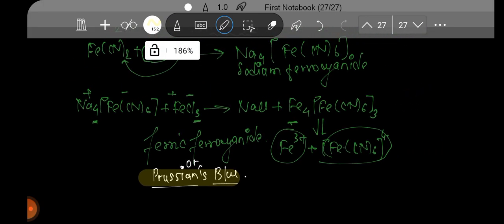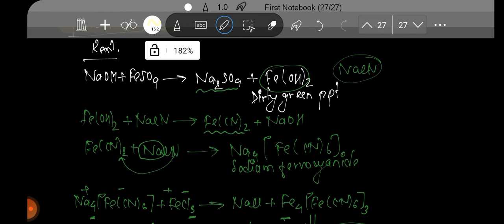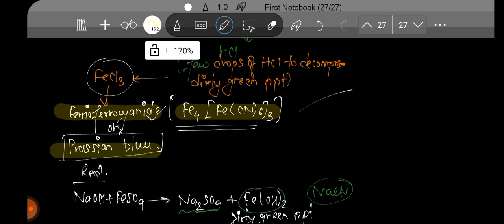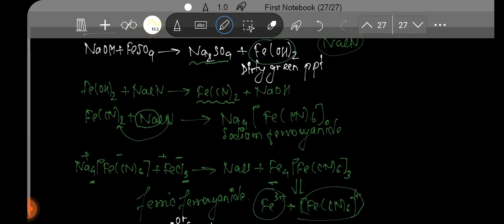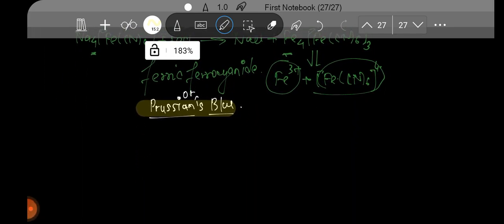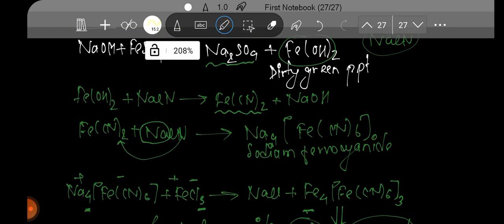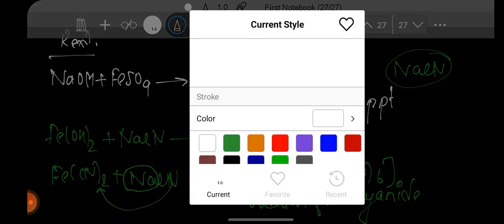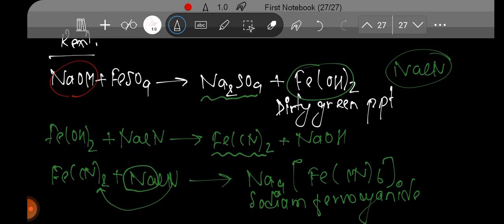In this way we can find out that the organic compound contains nitrogen. Let's revise once again. First we have NaOH. To NaOH we added FeSO4.